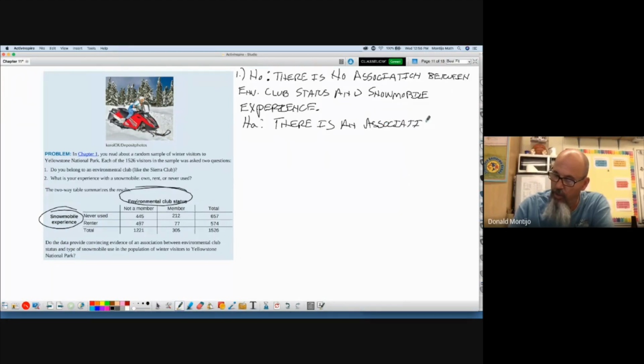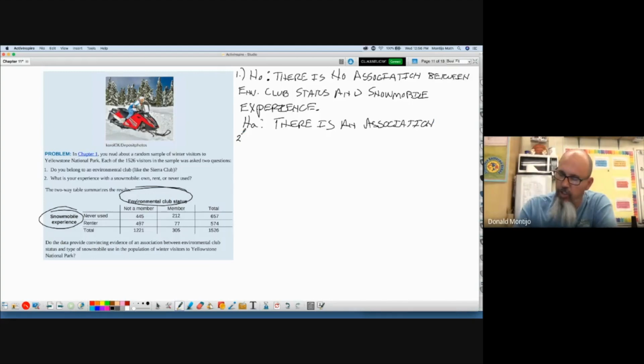I think these null and alternatives for chi-squared are pretty easy for us to write once we determine, is it a homogeneity test, is it a goodness of fit test, or is it a test for independence? An independence test is association. Are they related? If I know that you're a member of the environmental club, can I predict your snowmobile experience? That's what we're really trying to answer. Now here I should technically write out between environmental club status and snowmobile experience, but just to save time and to save some room on this page, you guys can fill that in on your own.